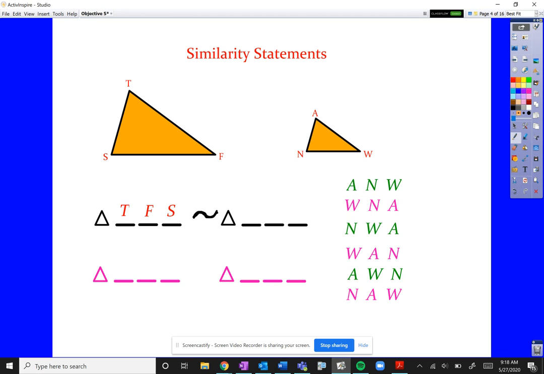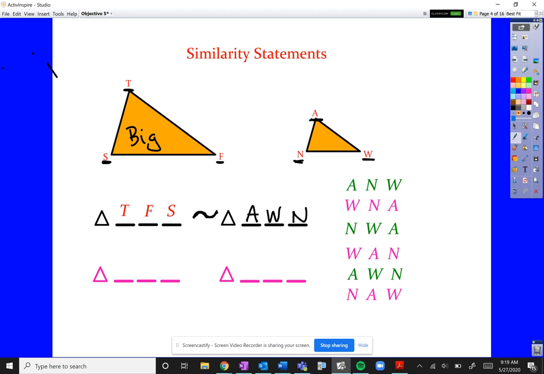So what we're saying is that if in the big triangle, we are starting at T over to F, then back to S, in the small triangle, we're going to do the same order. So we start at the top with A, we go over to the right side with W, and we come back to the left with N.